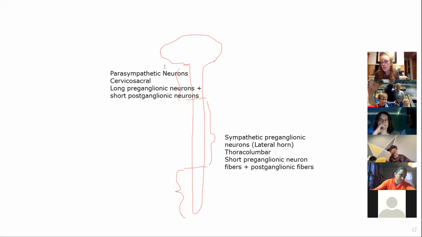The sympathetic nervous system, on the other hand, is going to come off the center, and it's going to have short preganglionic neurons and long postganglionic neurons.